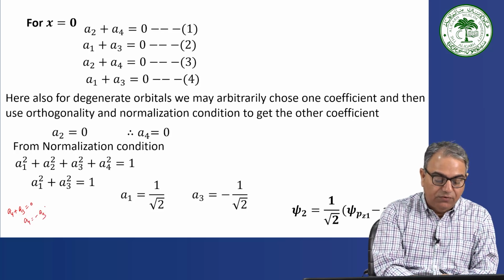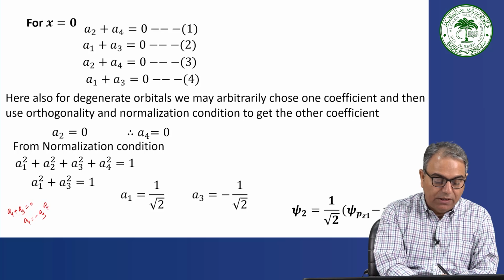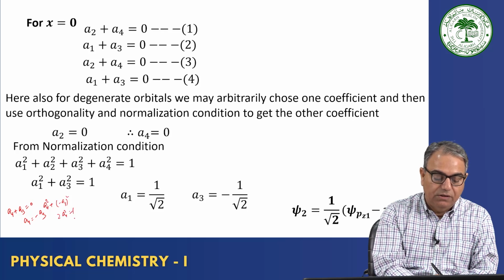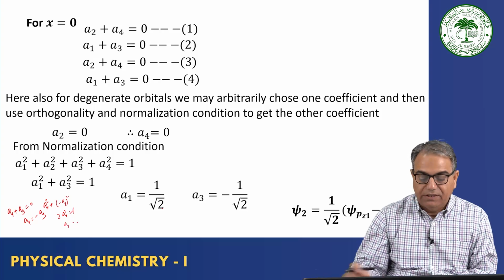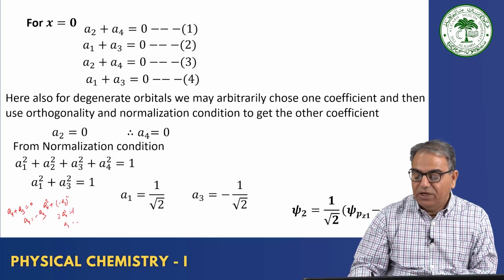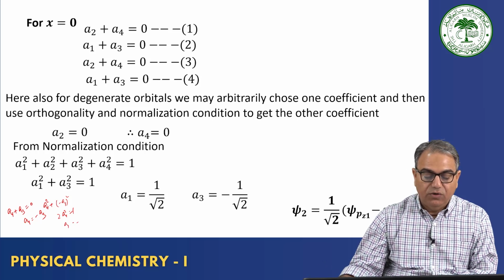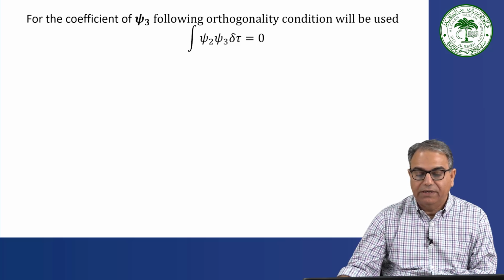If you square this and put the value in, a1 square plus a1 square, so 2 a1 square is equal to 1. So a1 will be 1 by root 2. It's very simple, that's why I will skip this. And now you have psi 2 is equal to 1 by root 2 (psi pz1 minus psi pz3). Okay. So we have the value in one case.